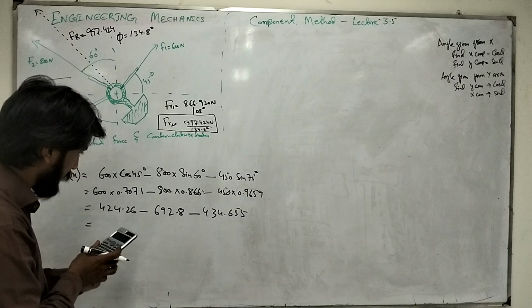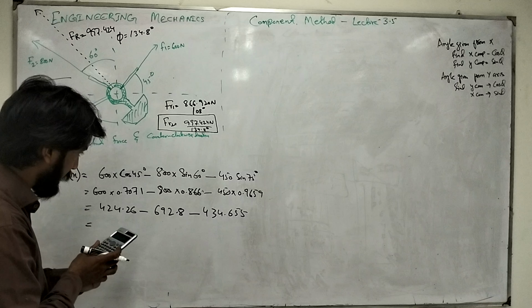So if I take it out, 1127.455 minus 424.26, the answer is 703.195, and it is in the negative direction.